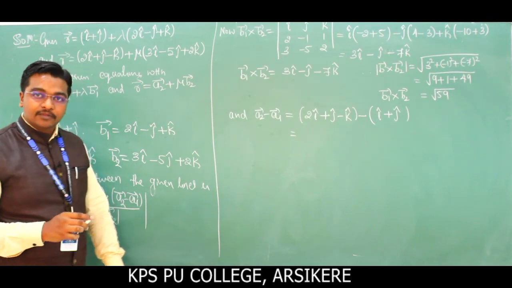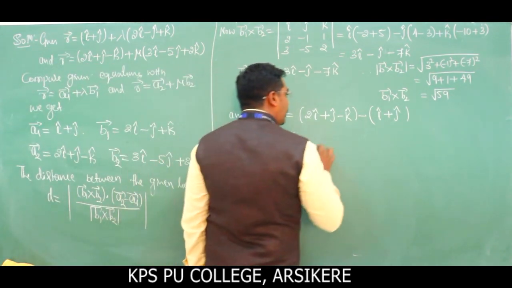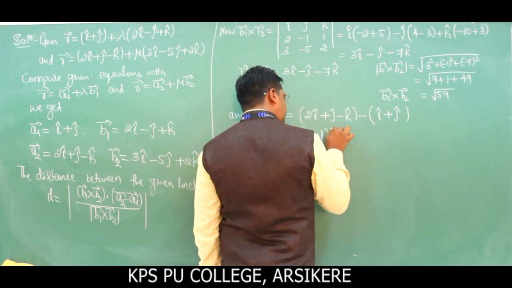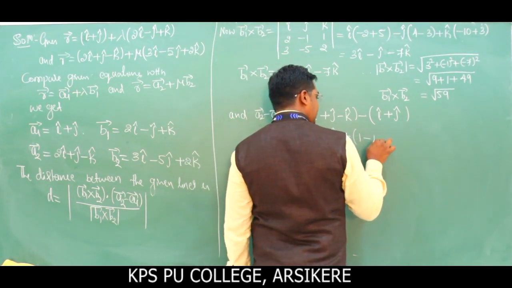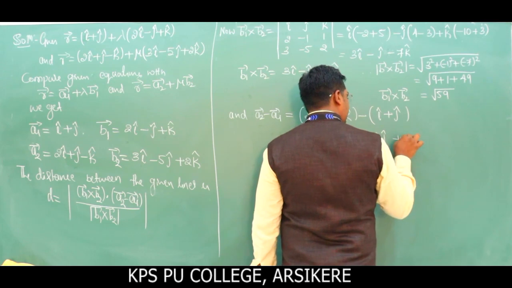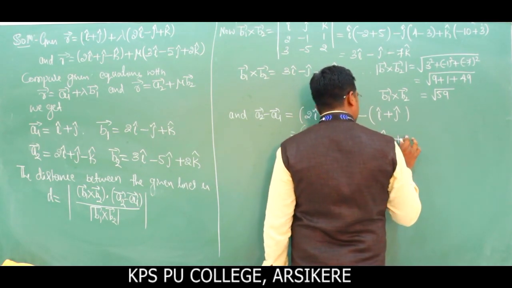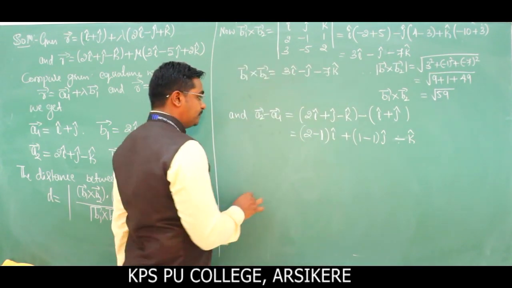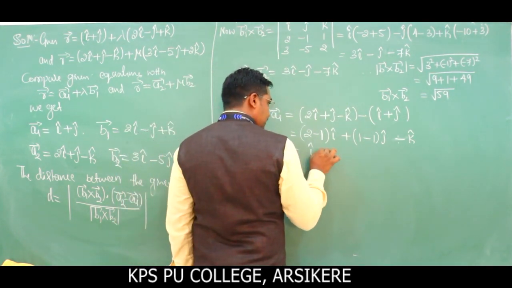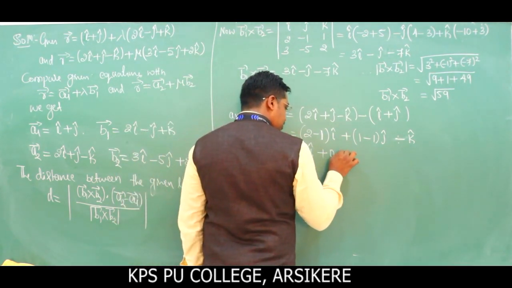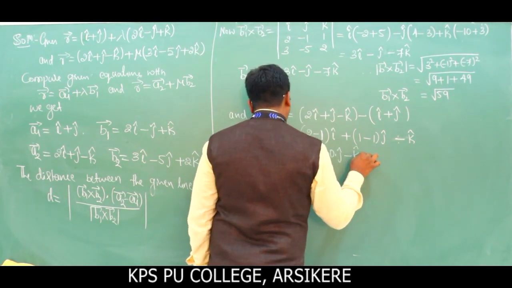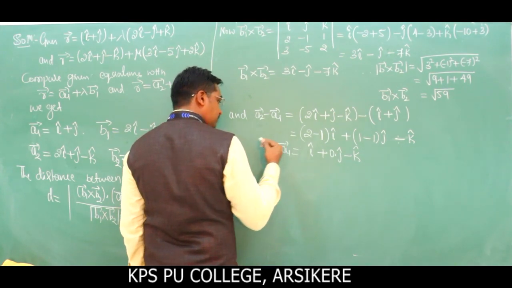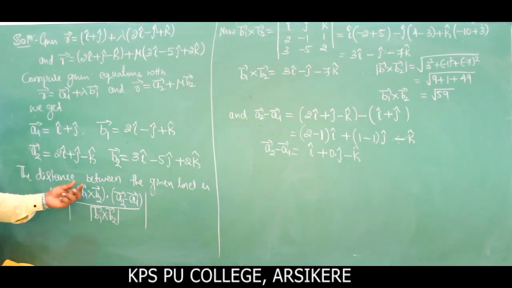Simplification: component to component, 2 minus 1 into i cap, for j 1 minus 1 into j cap, plus minus k. This is i cap plus 0 into j cap minus k cap. This is vector a2 minus a1.